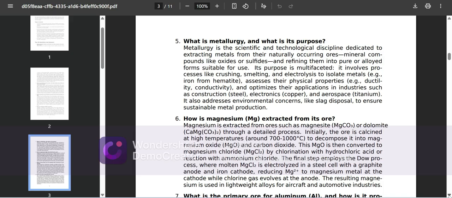It involves processes like crushing, smelting, and electrolysis to isolate metals, for example iron from hematite.